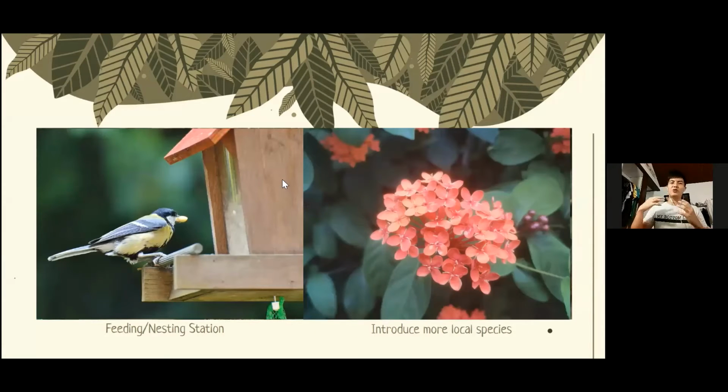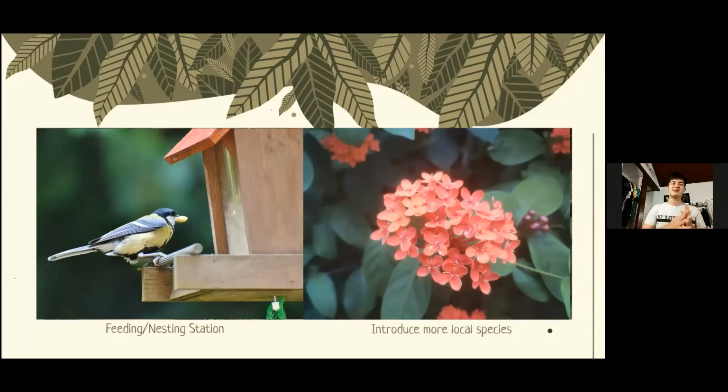Definitely, if you want to get birds or other animals like squirrels, you want to get a feeding station or nesting station for them. So you can start by understanding what species are there around you.